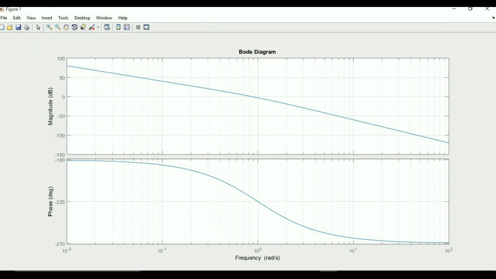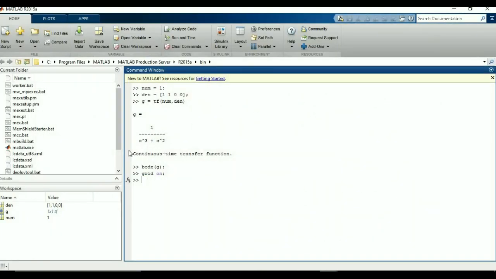Now to find the gain margin and phase margin, we simply type GM and then PM, that is gain margin and phase margin. We can also find the frequencies at which the gain margin and phase margin occur. For that we type WGM and then WPM, and the syntax is margin of the transfer function. The transfer function is G here.